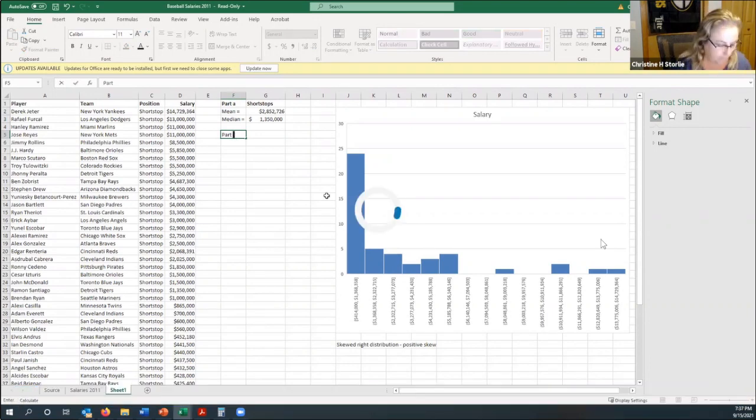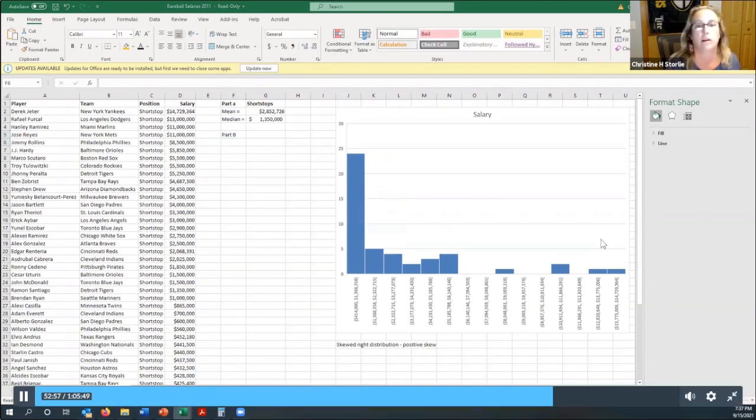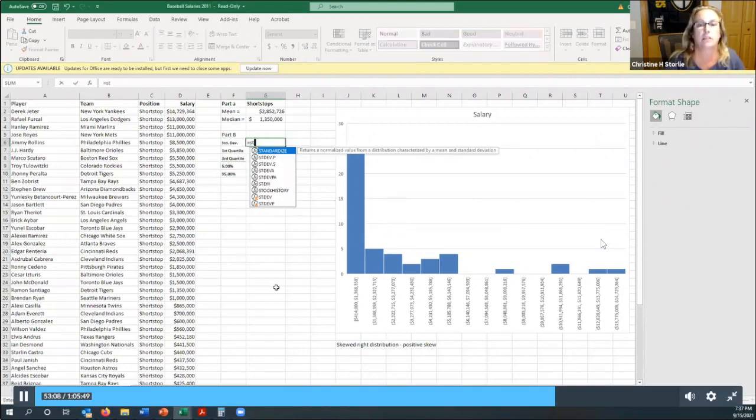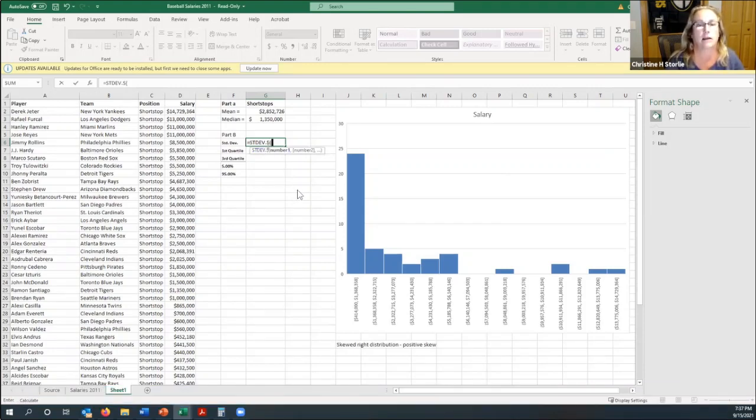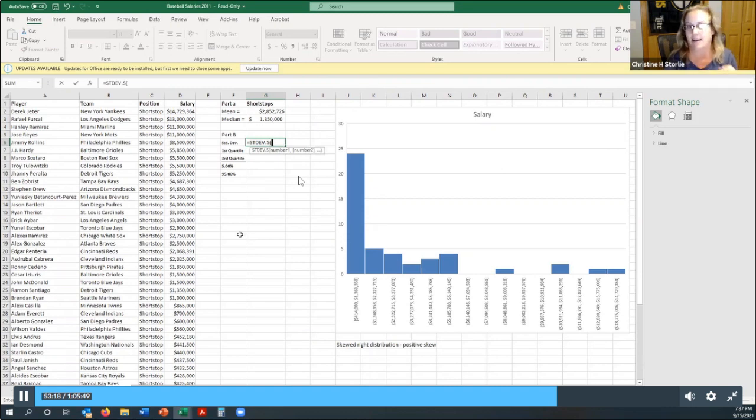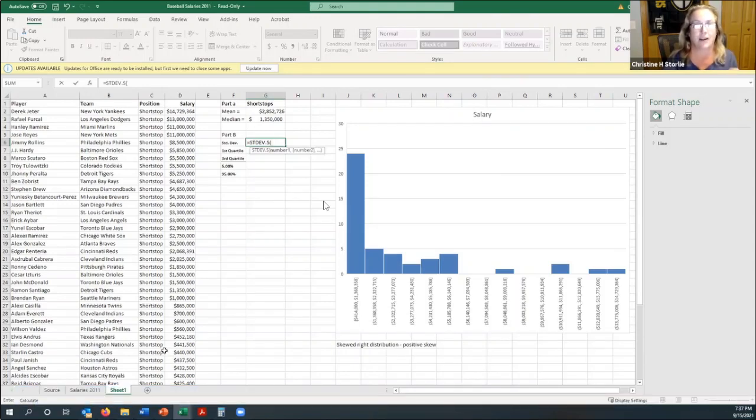Part C. Okay. Actually, standard deviation, STDEV.S, because this is a sample, we want to use .S. S is for sample. Technically this is every single shortstop that played in 2011, so it's the entire population.